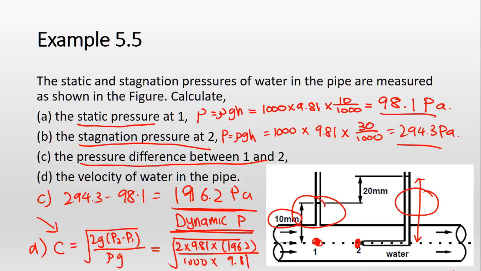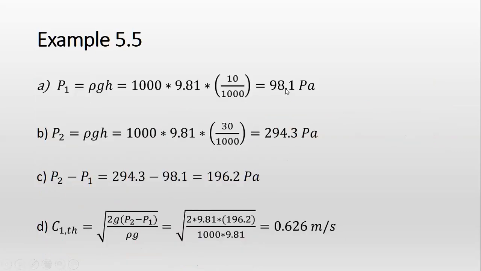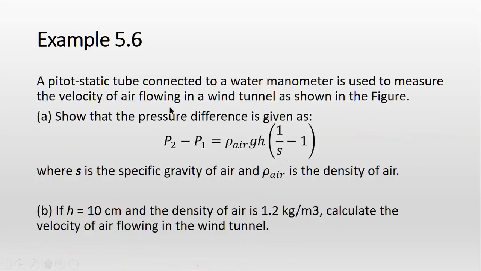When you take the difference, you will be able to calculate the velocity of the flow, like in this case. So value-wise, you can go through these numbers yourself, which I've already shown also. Just to make sure you understand, I will advise you to go through this calculation one more time.